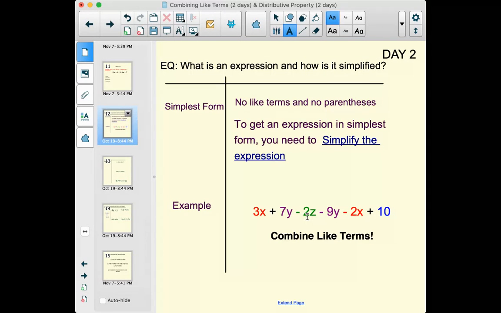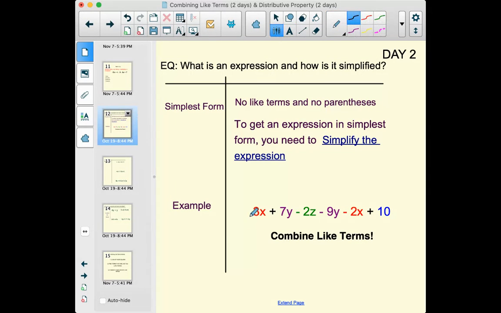Negative 2z is the only thing with a z, so there's nothing that's alike here and nothing that's like this 10. So I really have two pairs of like terms here, the 3x and the negative 2x, and the 7y and the negative 9y.